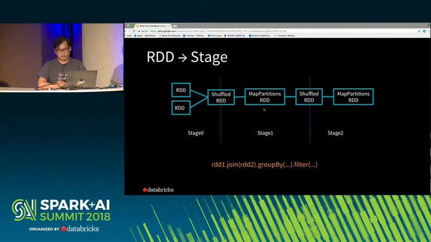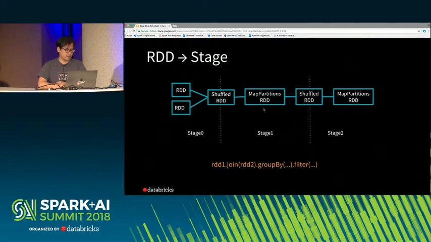Another ShuffledRDD is generated by the group by action, and the filter action is transformed into a MapPartitionsRDD. This way, your command becomes a chain of RDDs, and then we have to divide the chain of RDDs into separate stages.